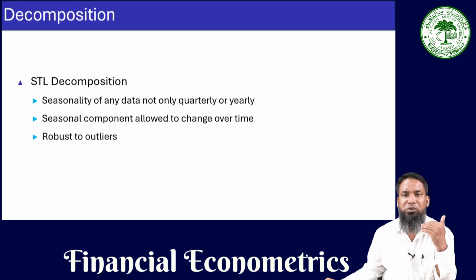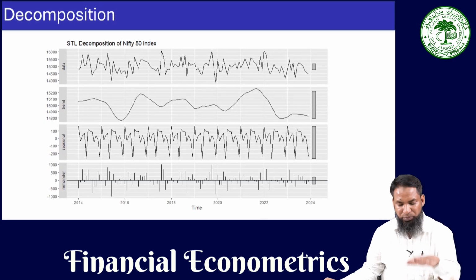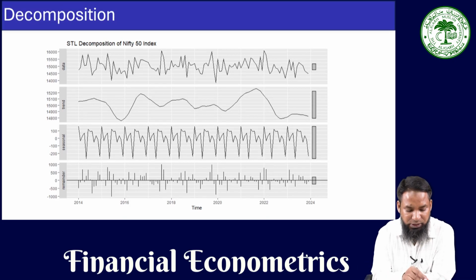Then this method is also robust to outlier observations. However, this method is not able to capture, especially in the stock market, the trading effect and the calendar effect. For example, let us say here we are doing the STL decomposition of the same Nifty 50 index.